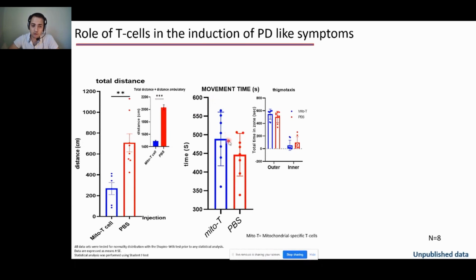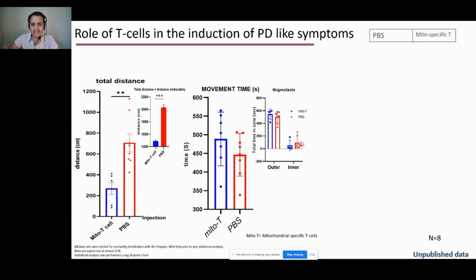Moreover, the movement time tends to be increased in these mitochondrial-specific T cell injected mice, although it didn't reach a significant level. And when we check the behavioral issue, we can see that stereotypic activity, which is a behavioral index, is non-significant between OGDH-specific or mitochondrial-specific T cell and saline injected mice.